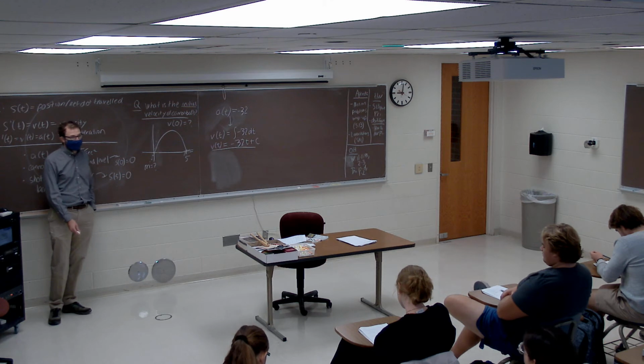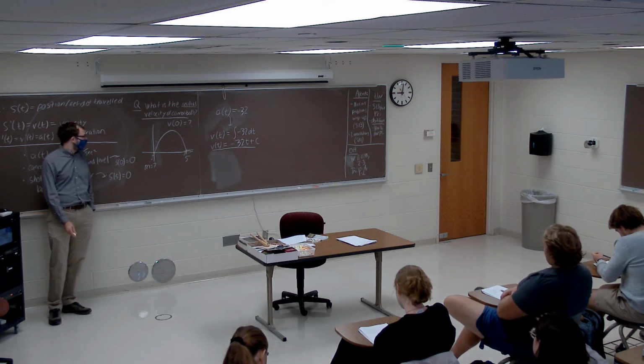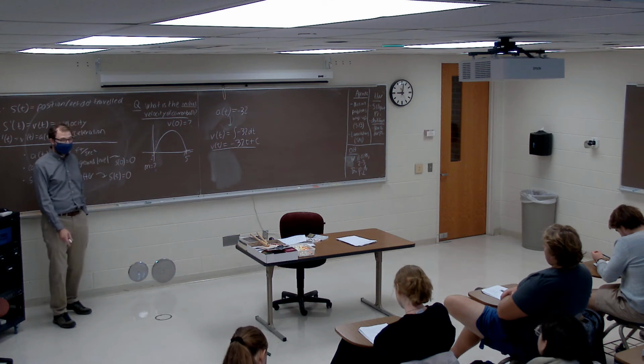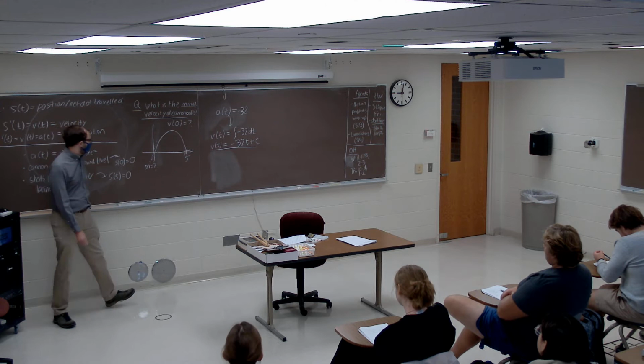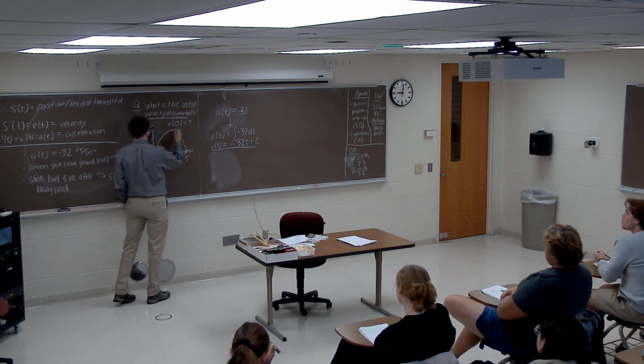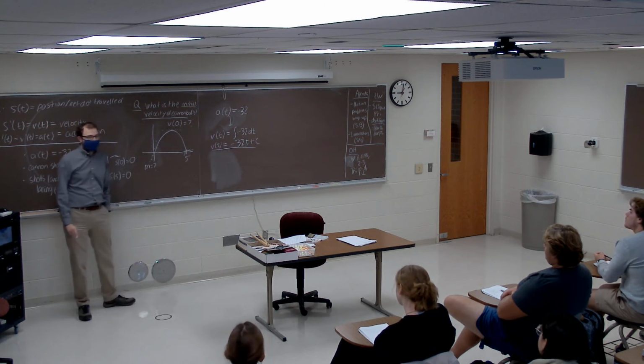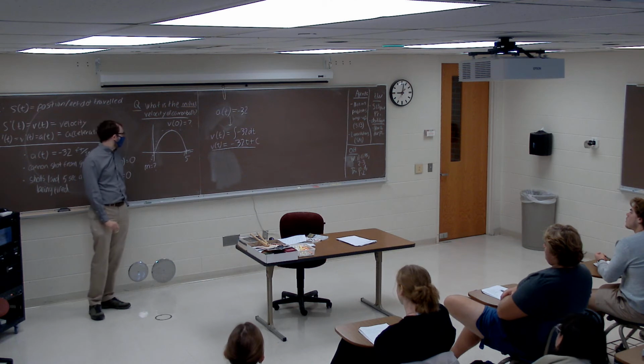At the midpoint, at the apex, the velocity is going to be 0. Or at this point right here? Yes. Okay, where does that occur? Halfway, so it'd be 2.5. I don't know.